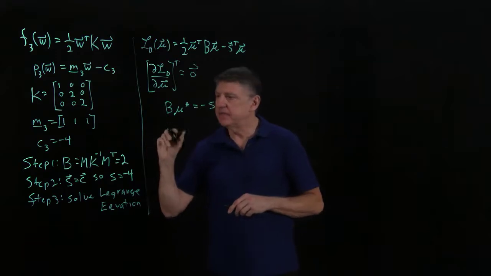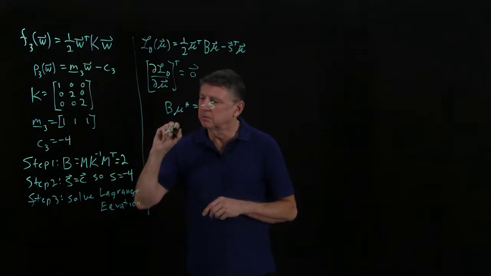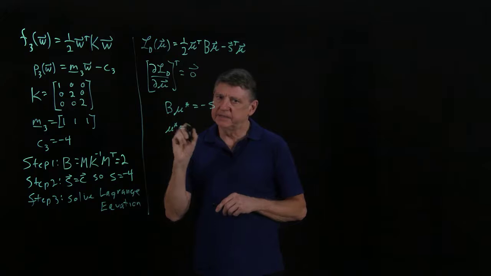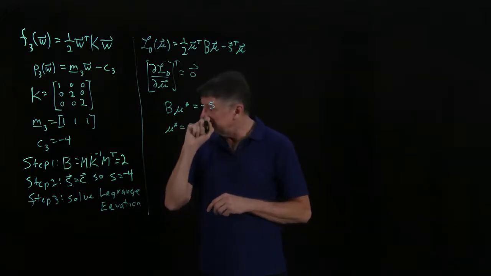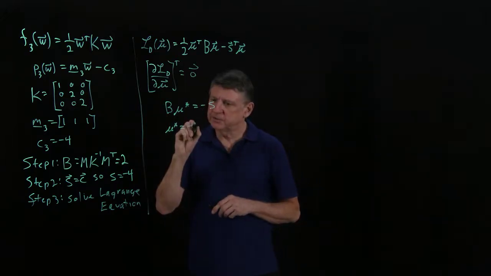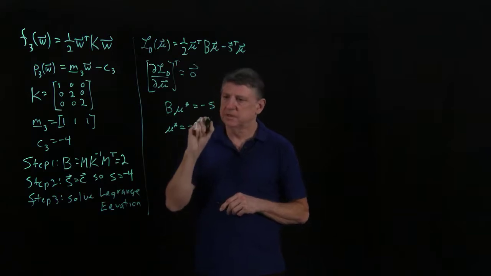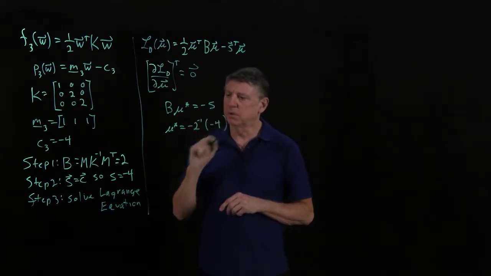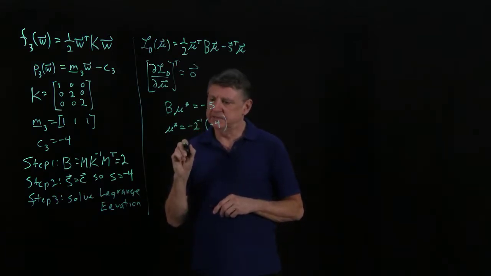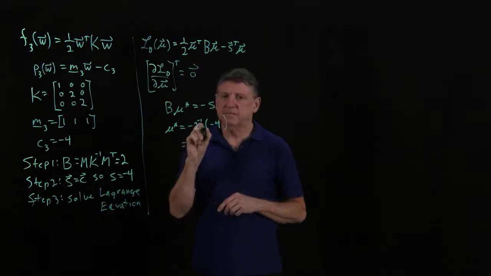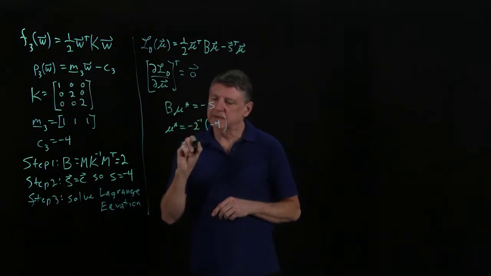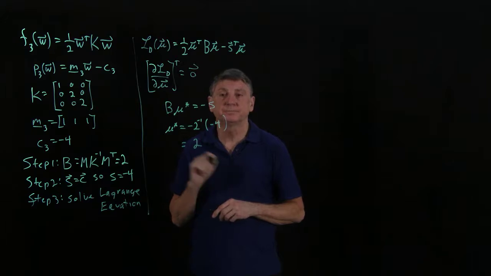And that means that our optimal multiplier is minus, so this will be minus 2 inverse times minus 4, and that is minus 1/2 times minus 4, which I calculate to be 2.